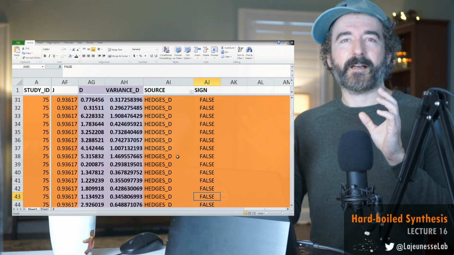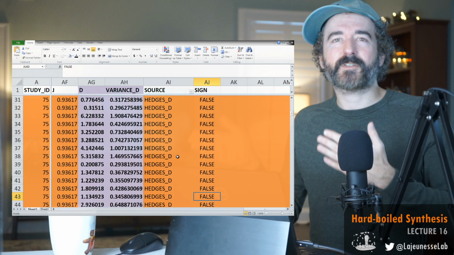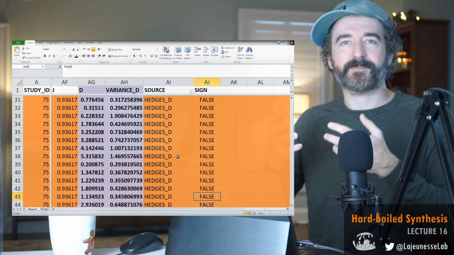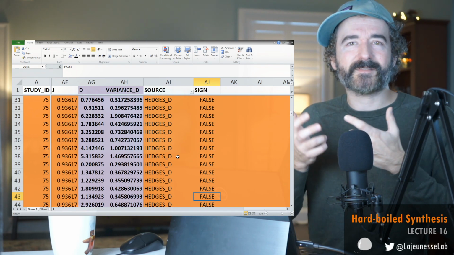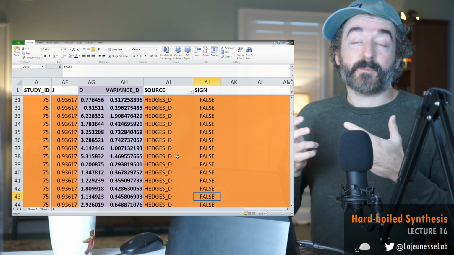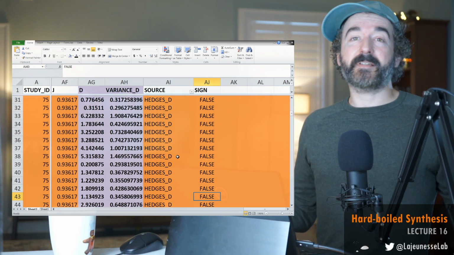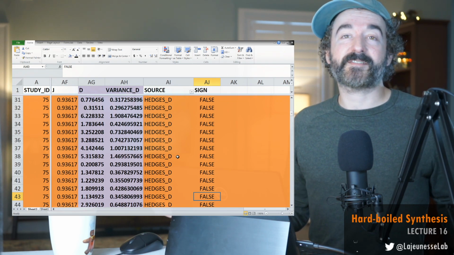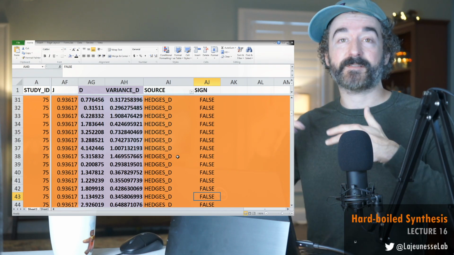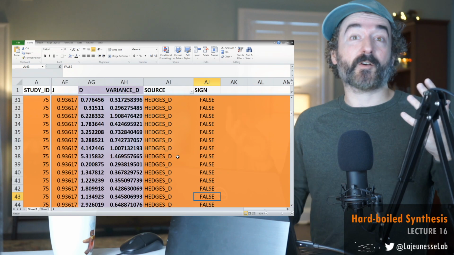But the worst case scenario is you don't pay attention to that and you start doing your analyses, and what you're doing is mixing positive and negative effects together, which can completely destroy any synthesis outcome, because things aren't really comparable and you're not aware of it.